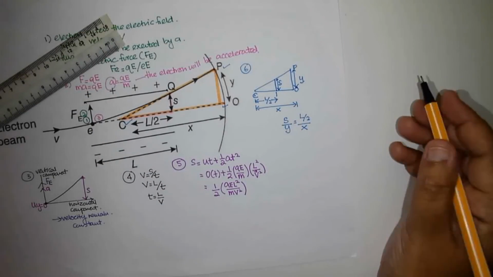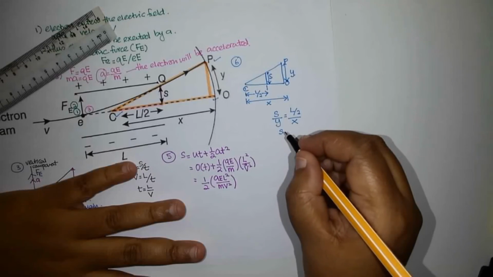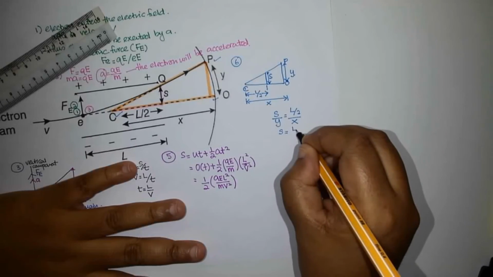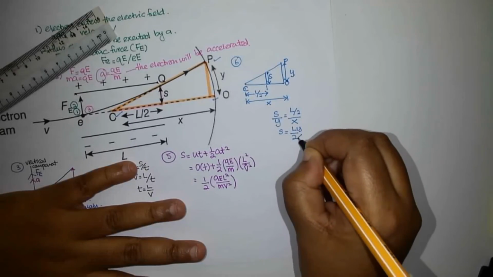So S is equal to L over 2 times Y over X.